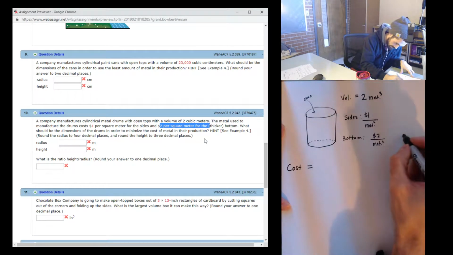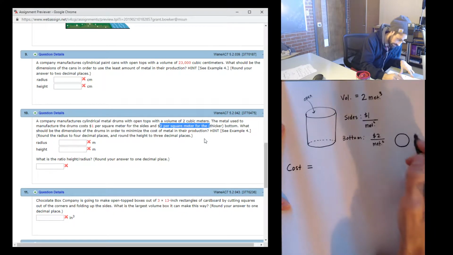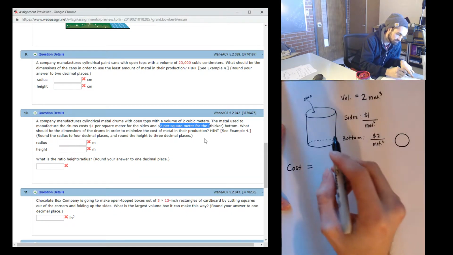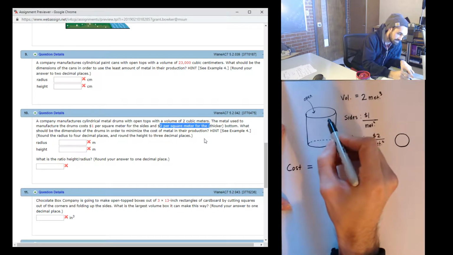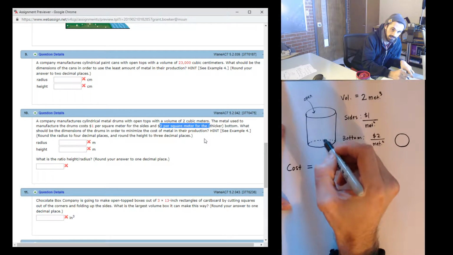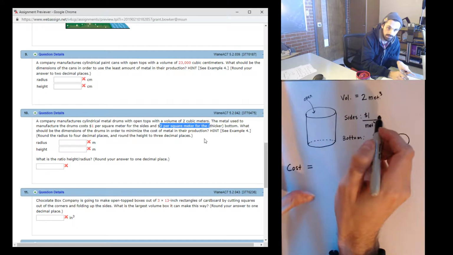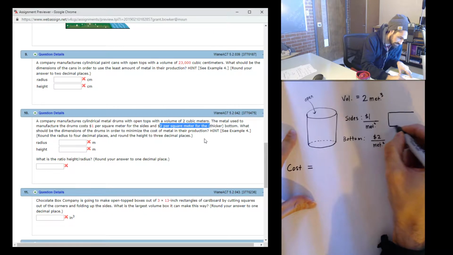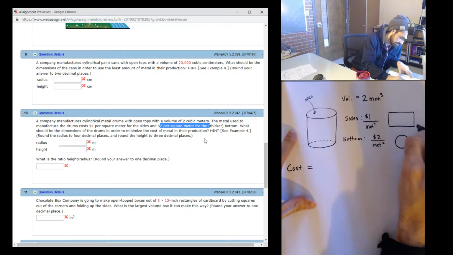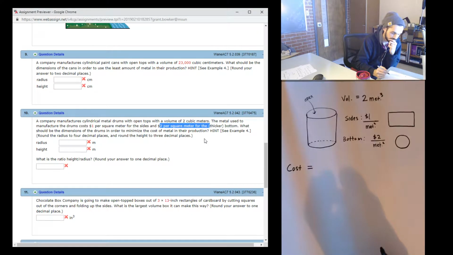So recognize the bottom is a circle, whereas the side we can look at as a rectangle. So if you were to cut this can down the middle and unravel it, you would recognize that the side is simply a rectangle. All right.